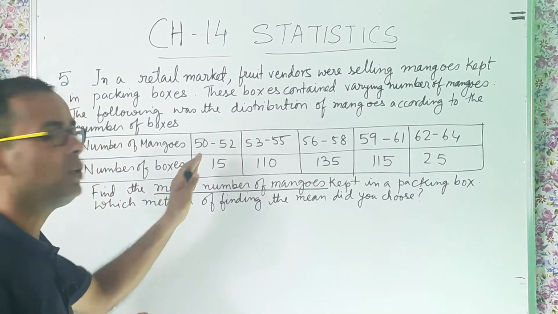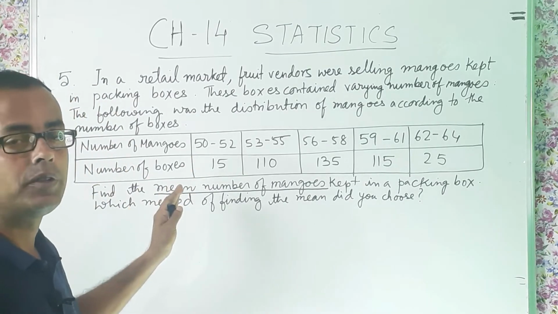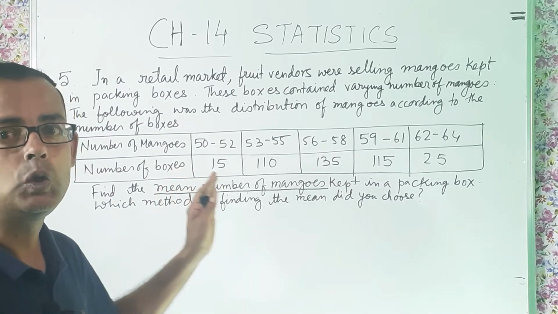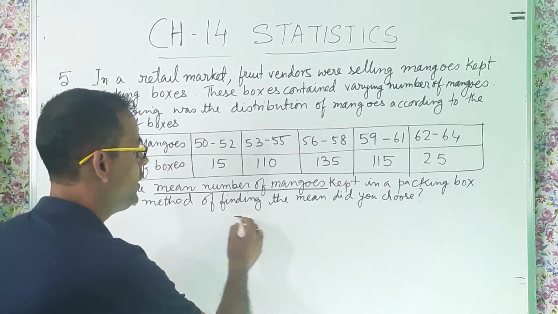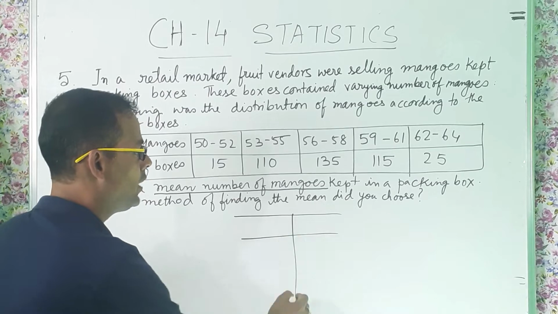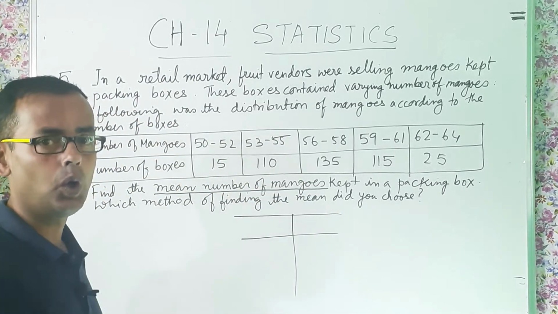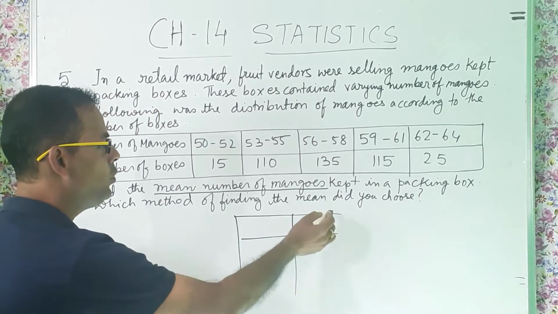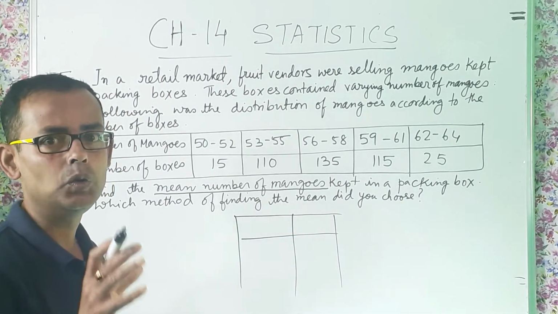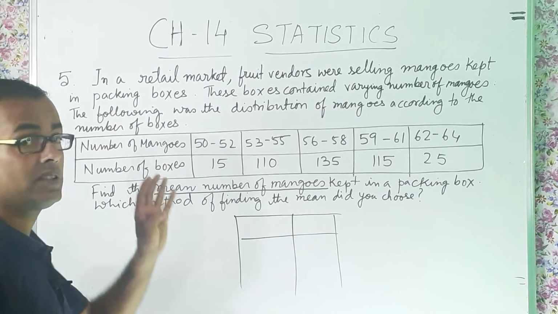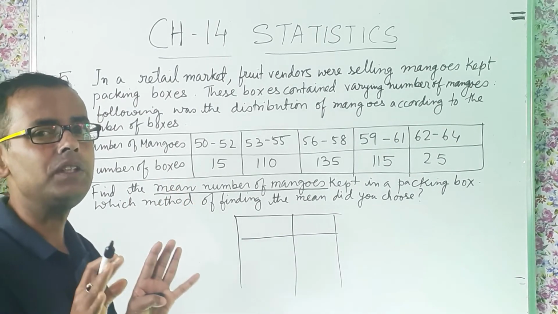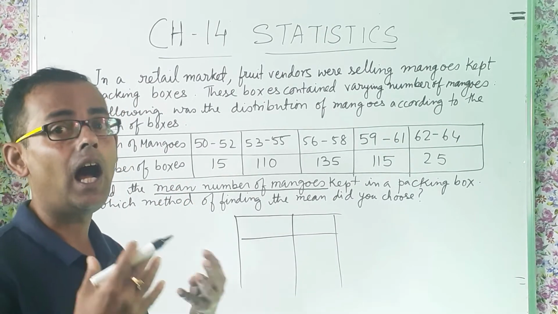To solve this sum, first what we used to do, we used to make two columns, and this chart we will write down in these two columns. Now see nicely, this sum is a little bit different from the other sums.